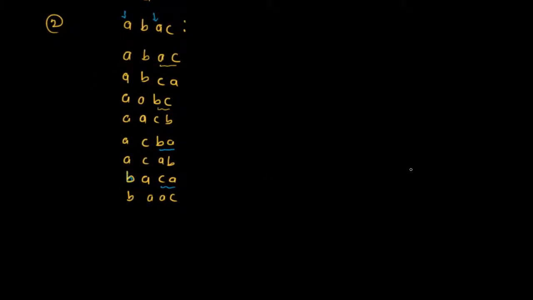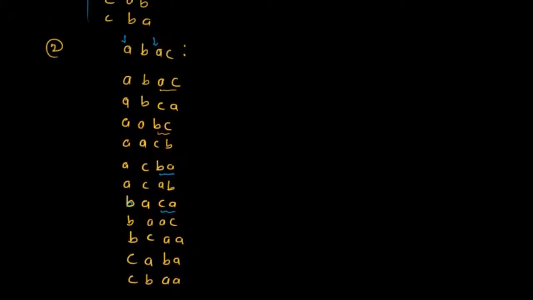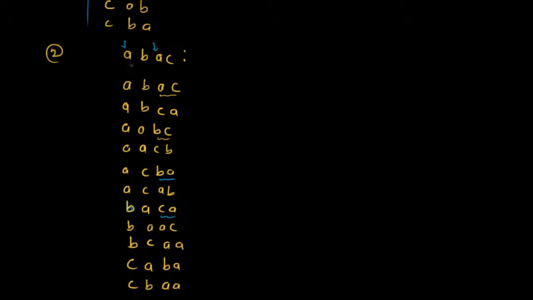Now we are in the B's, remaining one B. So you have B, C, A, A, and then you have C, A, B, A. You can also have C, B, A. So these are the total number of ways of arranging the letters A, B, A, C. If you look at the whole thing, I've listed down all the possible arrangements of A, B, A, C.